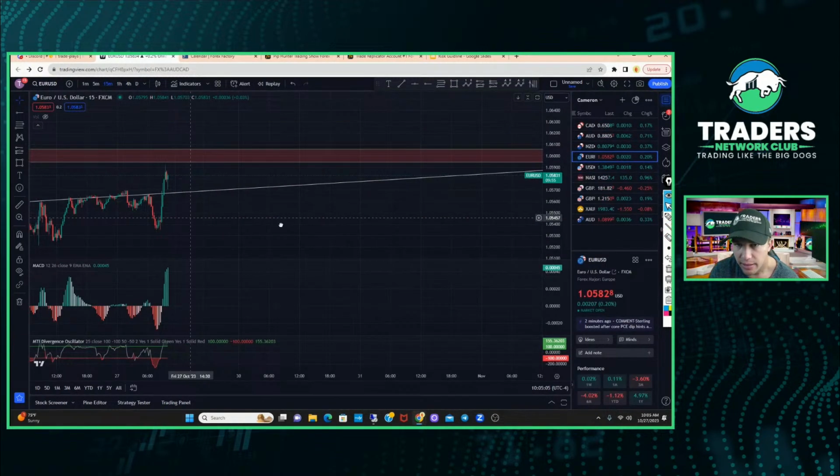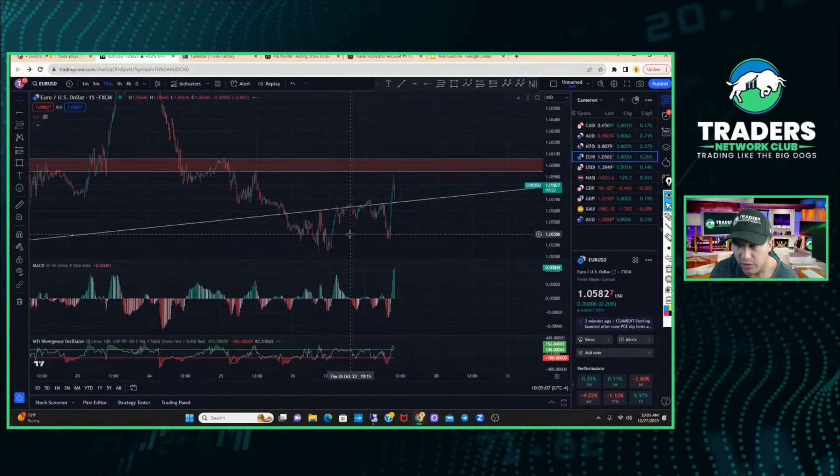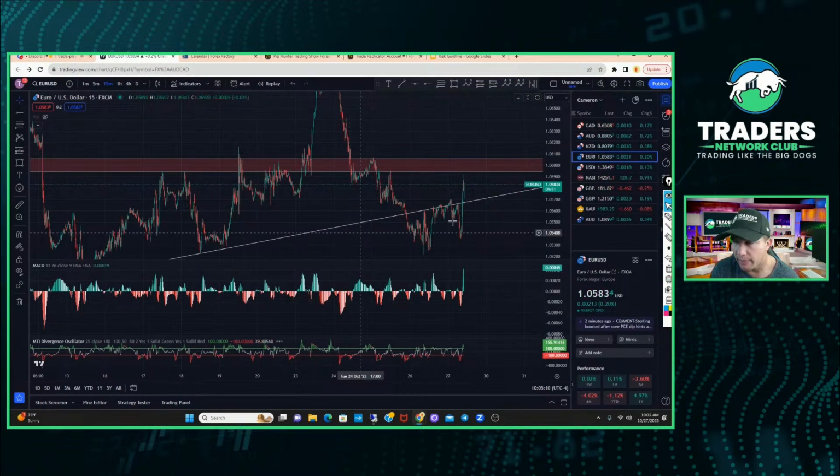And it's interesting to see what we want to do with these pairs. So I'm going to say the Euro US dollar is set up really nicely for me to go and say, you know what, I'm still going to buy here. We can see price is creating these higher highs. We're looking for this push, and this is my target area. So what we're going to do is jump here with a buy on the Euro US dollar.